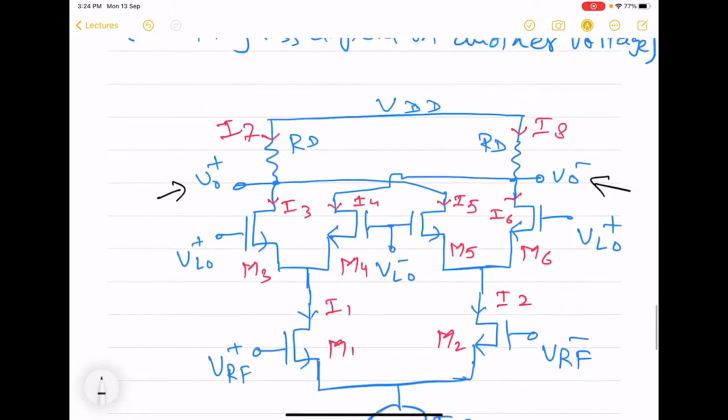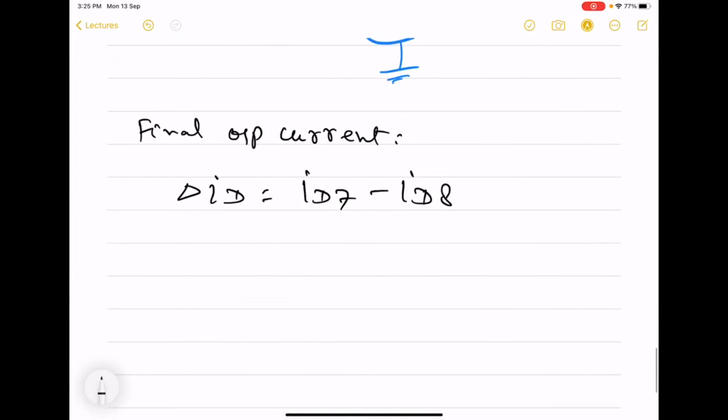Now we see that this I7 is actually sum of this I3 and I5. Similarly, this I8 is sum of I6 and I4. So therefore, we can write them in terms of their individual currents. And now we will see that the final current, this delta ID, is going to be product of two voltages.